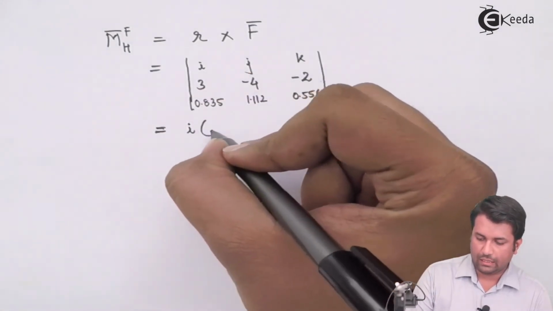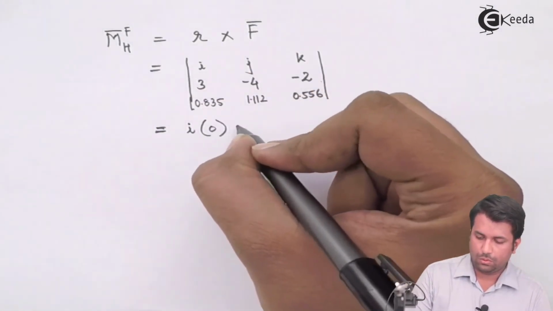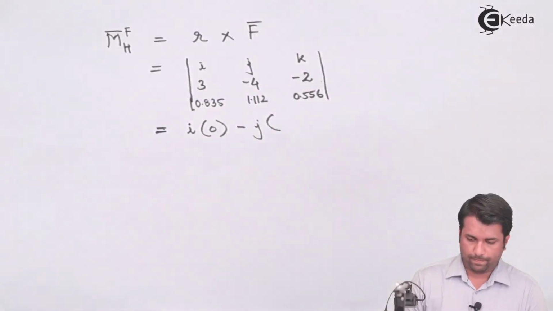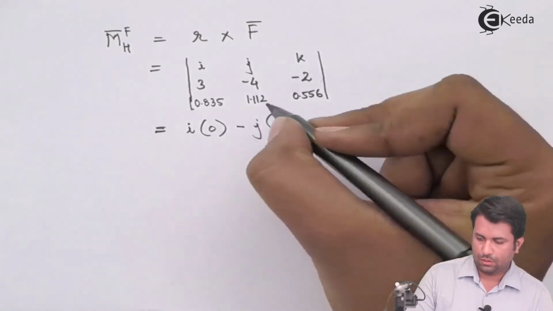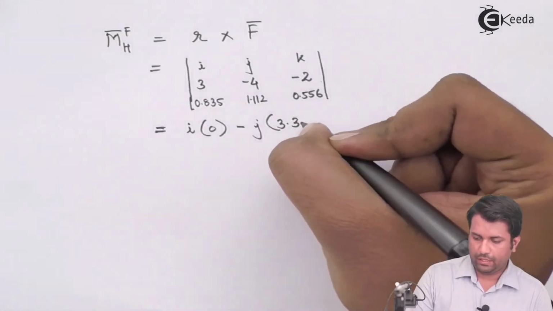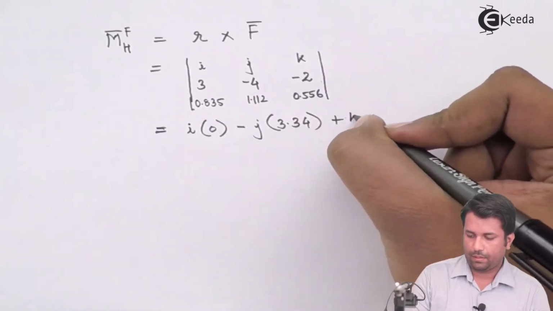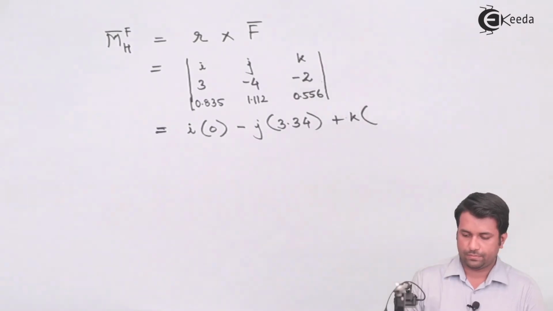So this comes out as 0 i, 3.34 j plus k.